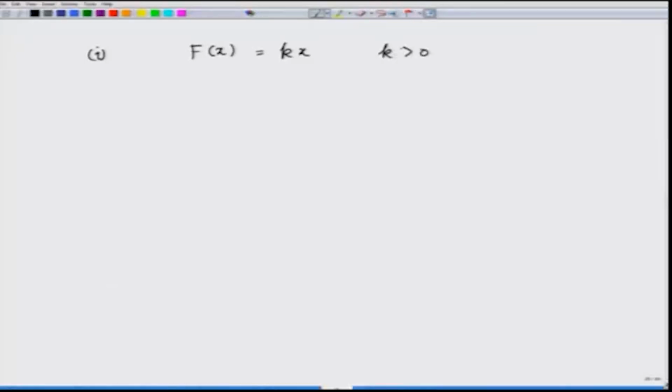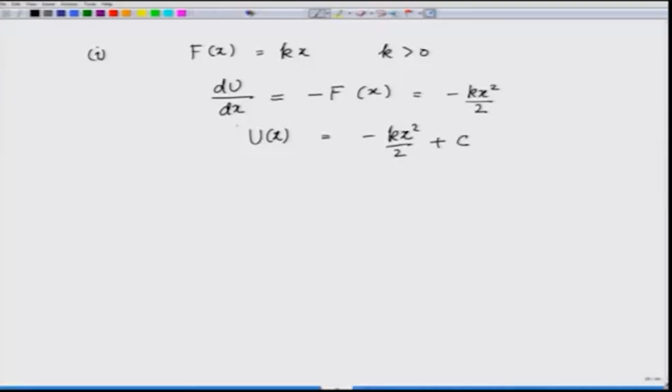Now, from the definition of the potential energy, the derivative of the potential energy is minus Fx, and in this case this is going to be minus Kx, and therefore Ux is going to be minus Kx square by 2 plus some constant c.